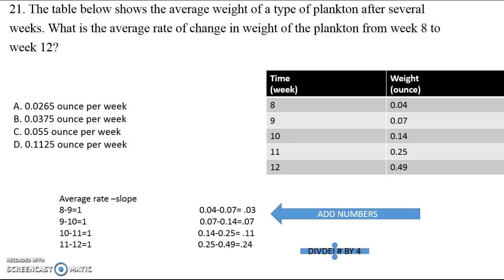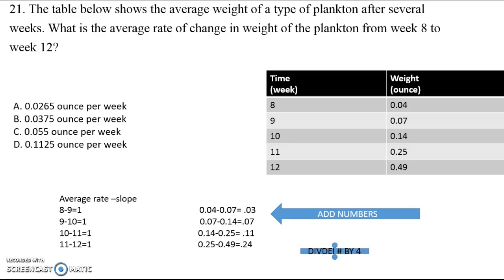The weight changed. When I subtracted 0.04 minus 0.07, it equaled 0.03, and then for 0.07 minus 0.14, I got 0.7, and then 0.14 minus 0.25 equals 0.11, and then 0.25 minus 0.49 equals 0.24.